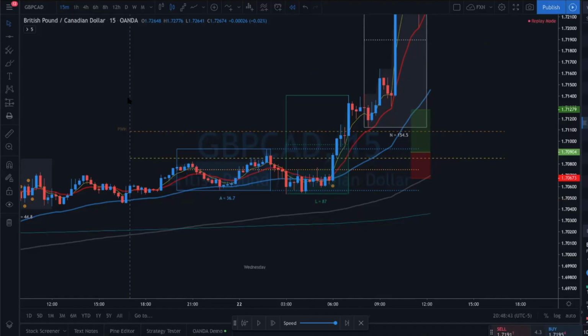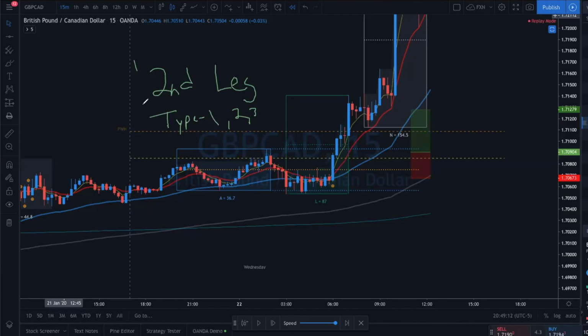Kendrick, could you elaborate a bit more on the entry triggers, please? On the entry triggers? Okay. Entry triggers are going to be pretty simple. You're looking for a second leg, type 1, 2, or 3.